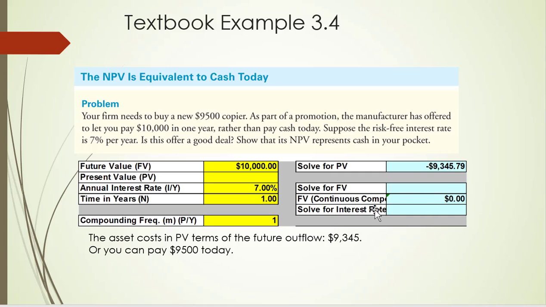So this is essentially saying that the value of this project is $9,345 if you wait and pay $10,000 in a year. Or you can pay $9,500 today. And of course, you'd rather pay the $9,345 than the $9,500. So you would delay this by 1 year.